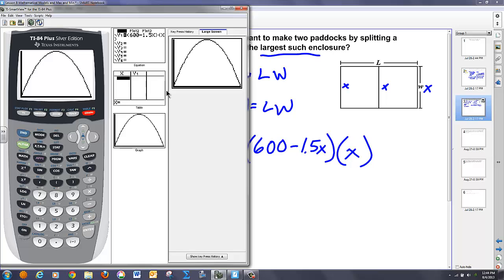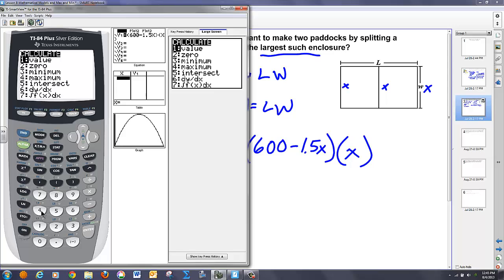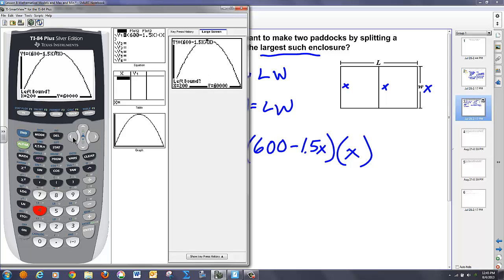So now I have the whole function in my calculator. If I find the high point, I've found the maximum area. So I go calculate the maximum. We're going to go to the left of the high point. Let's find that cursor. There it is. Hit enter. To the right of that high point, bigger function, so it'll take a little more time to get over there.